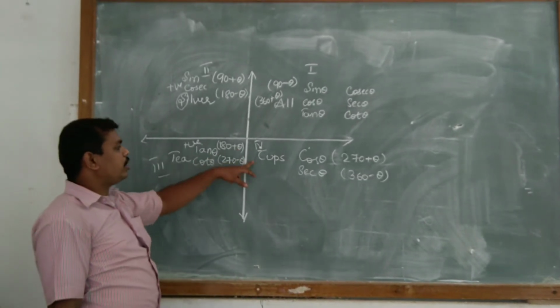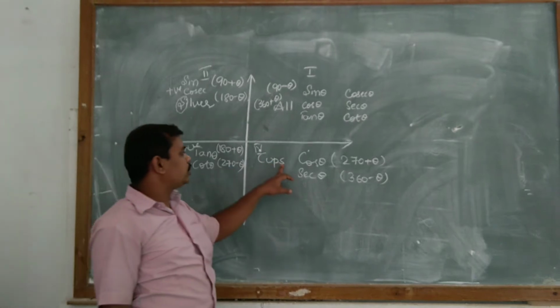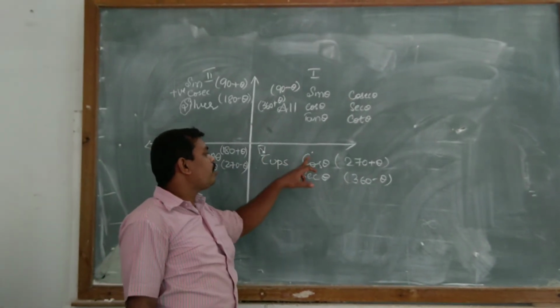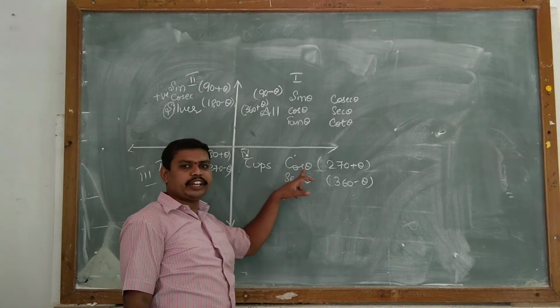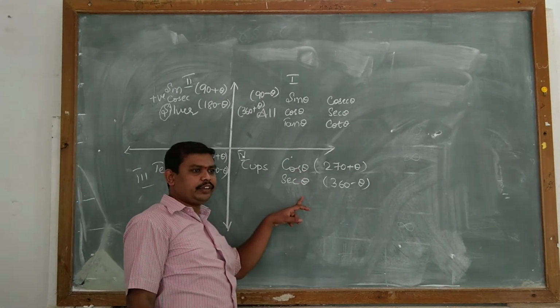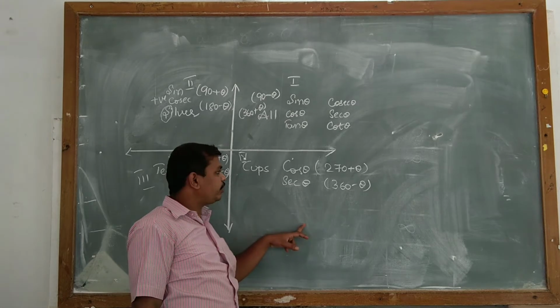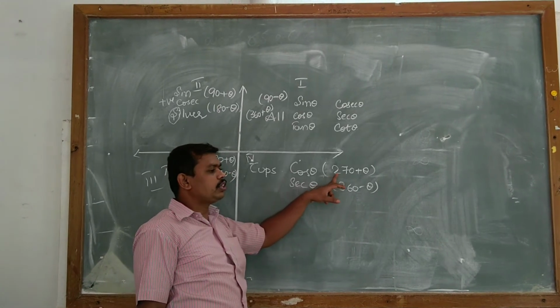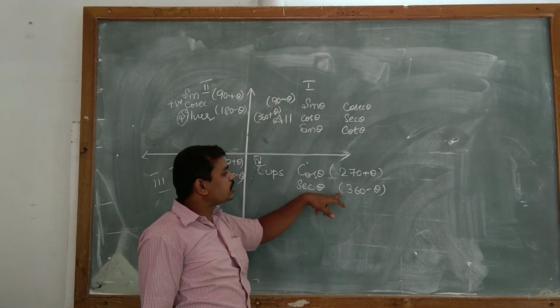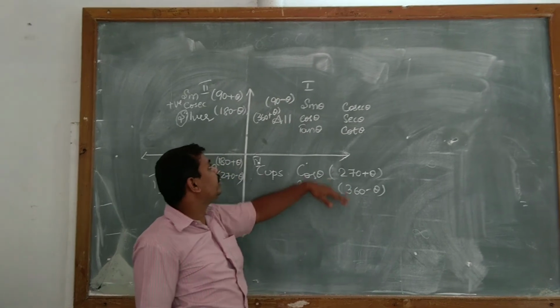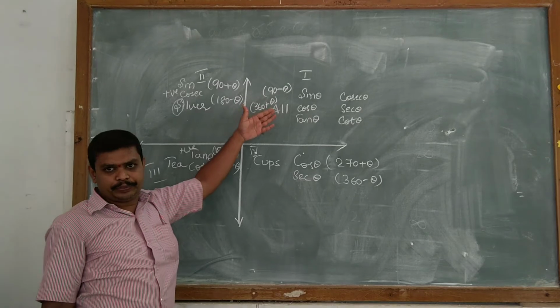Coming to the fourth quadrant, we have cos. That is, C means cos with its reciprocal will be positive. The remaining terms are negative. That means here 270 plus theta, 360 minus theta. Again, this 360 minus theta will be the fourth quadrant, and this will continue.